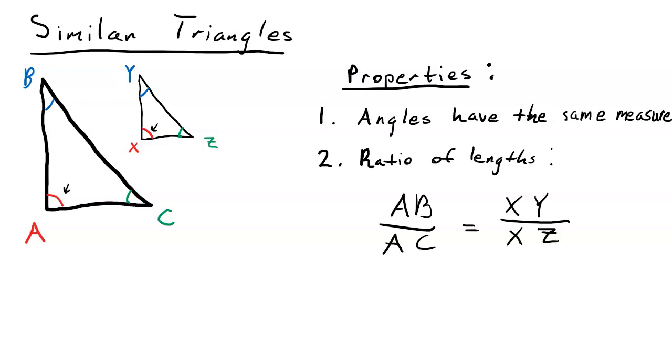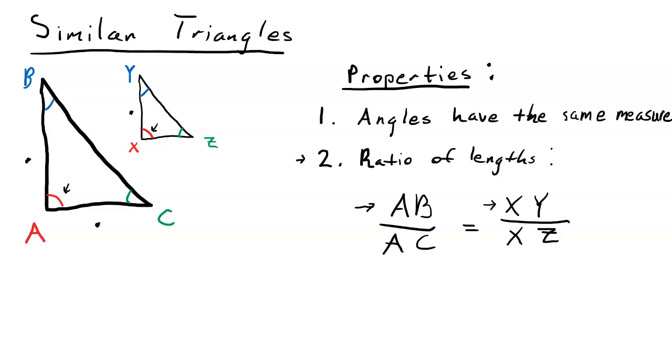The ratio of these lengths is going to be the same as long as we're talking about the ratio of the same length. So if you look at AB, that's right here on the bigger triangle, and XY is in the same location on the smaller triangle. So we do two sides on the bigger triangle, AB over AC.